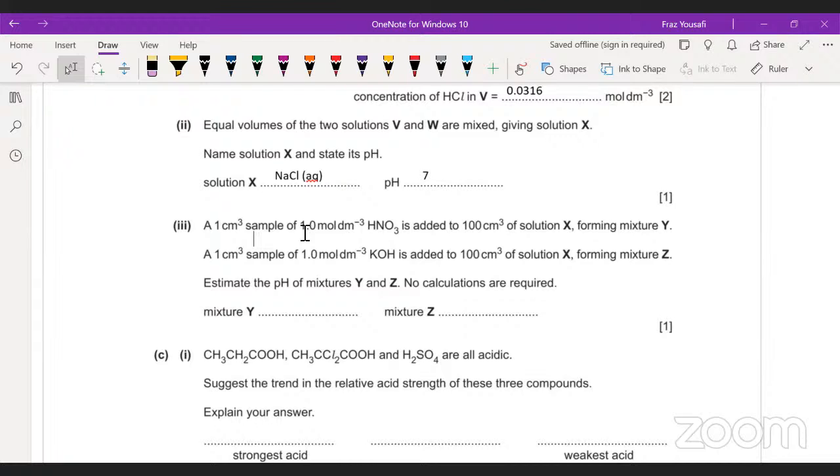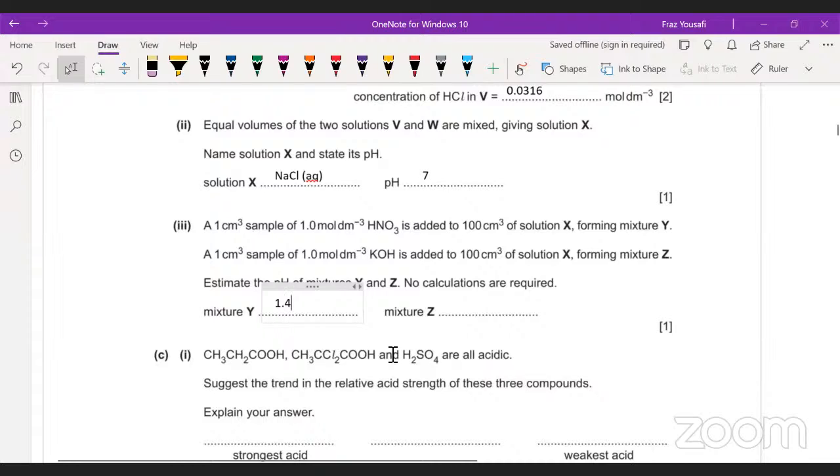If I divide this by the volume of solution, which would be 101 centimeters cubed, I get a concentration of 0.0411. And if I take the negative log of 0.0411, I will end up getting 1.38. So my pH will become 1.4.